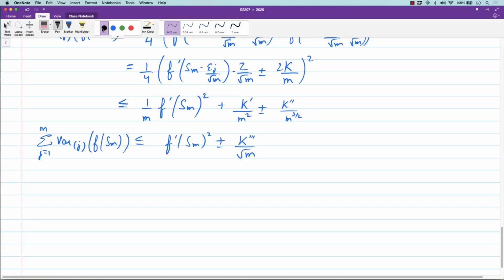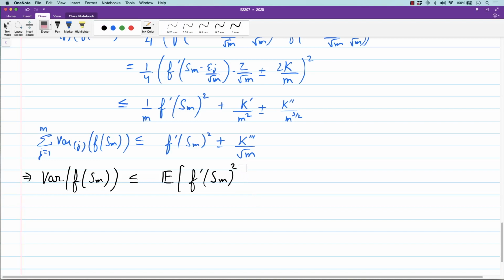So the variance of f of sm is less than or equal to the expected value of f prime sm square plus minus some k prime prime by root m.